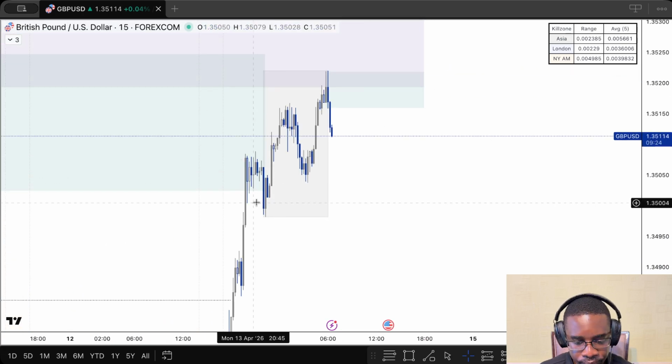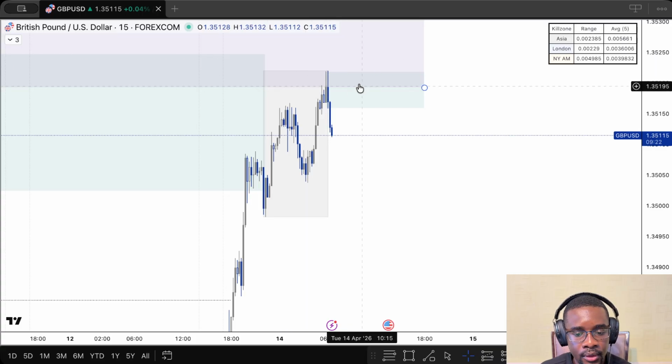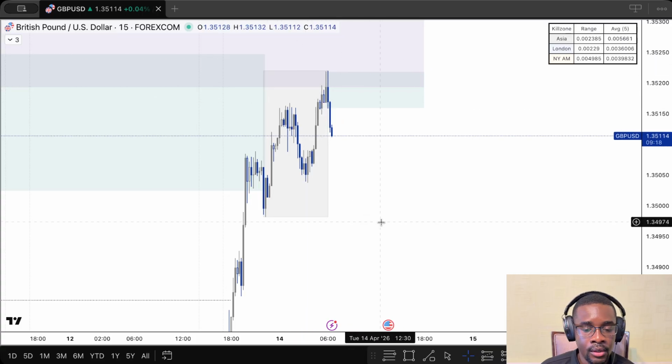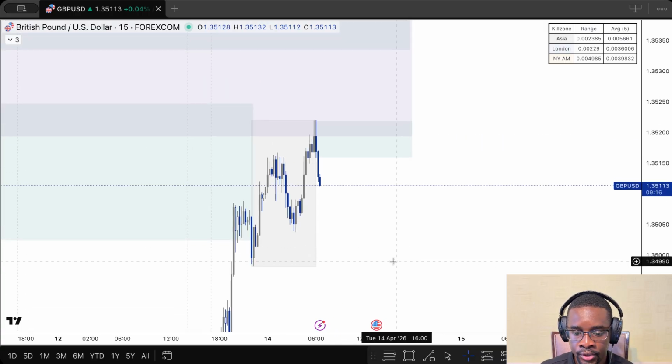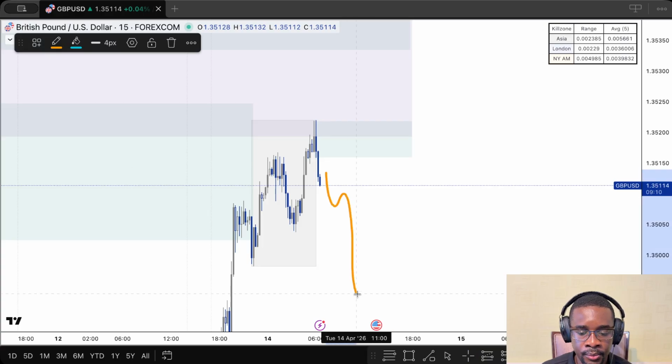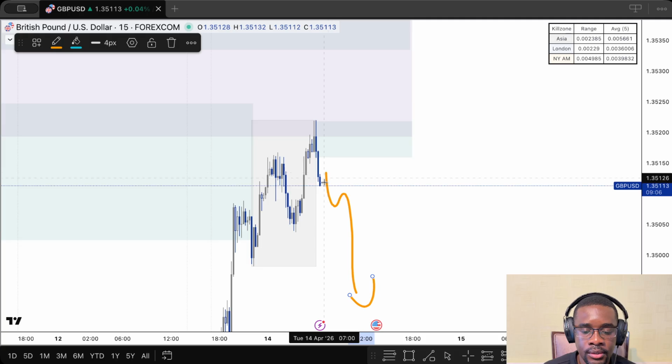So price right now is in the area. Okay, so for us to have confirmation that price may be willing to switch bearish, at least, we need to see a break of structure right there.